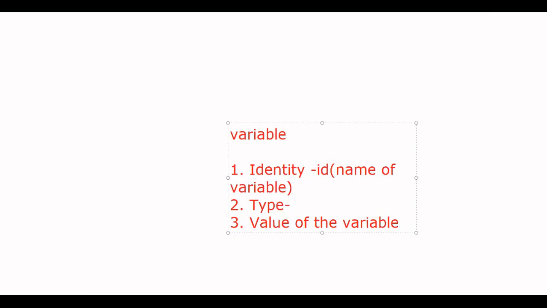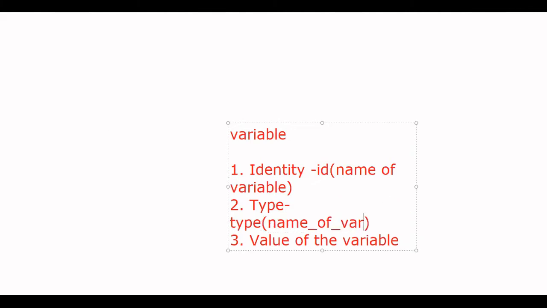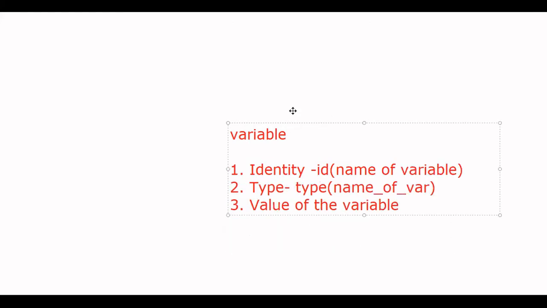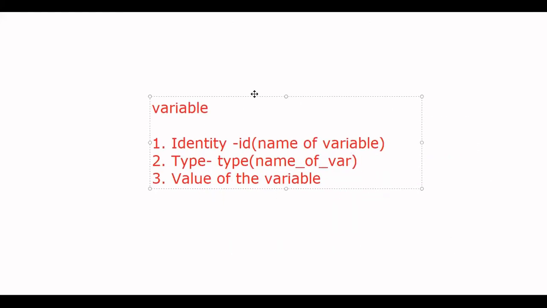In type also, we have a ready-made method given to us. You just have to say type and then the name of the variable again. And value you will of course know as soon as you press that variable.